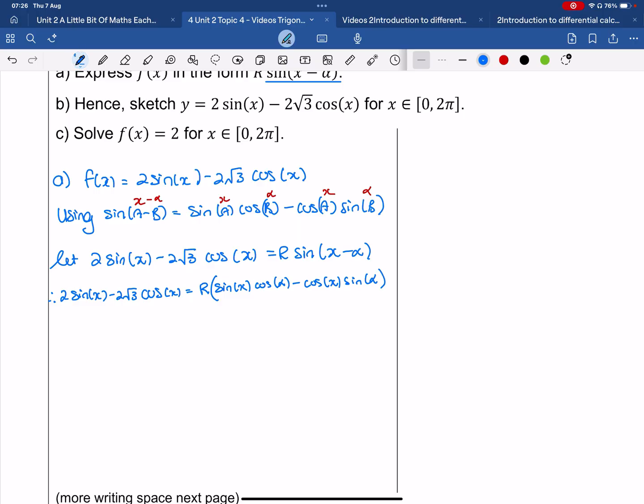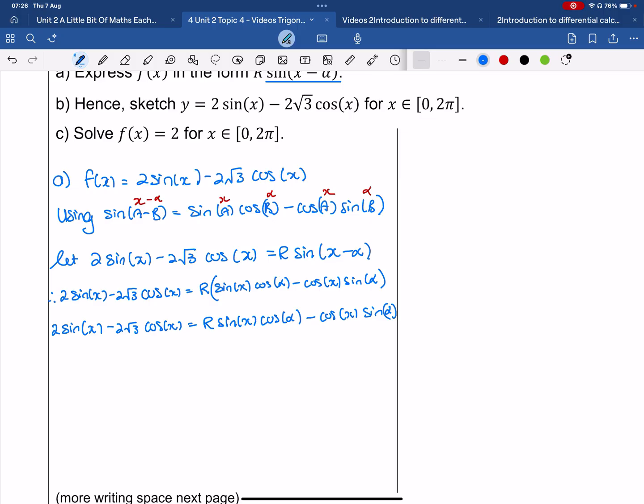All right. I can multiply my r in. So 2 sine of x minus 2 root 3 cos of x is r sine of x cos of alpha minus cos of x sine of alpha.